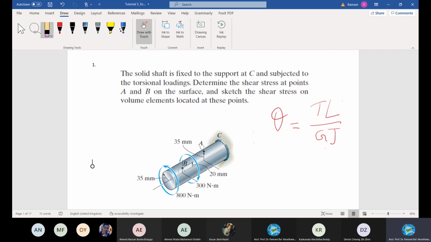Theta is the angle of rotation, T is the torsional moment, L is the length of the member or the pipe. As given in the syllabus, I go only for circular members. And J is the polar moment of inertia. So these are the equations you can remember. I will write them once again when we do the calculations.